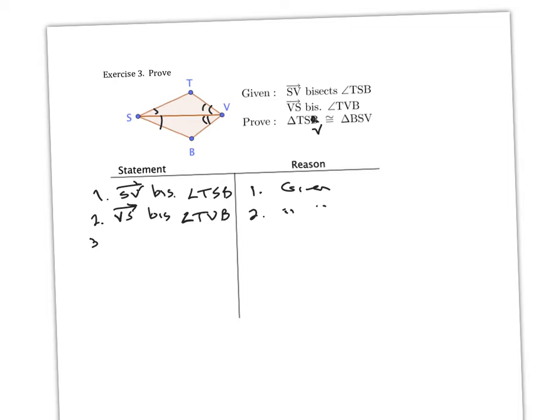And now we can say that angle TSV is congruent to angle BSV. And then TVS is congruent to angle BVS. And the reason would be bisectors create congruent angles.